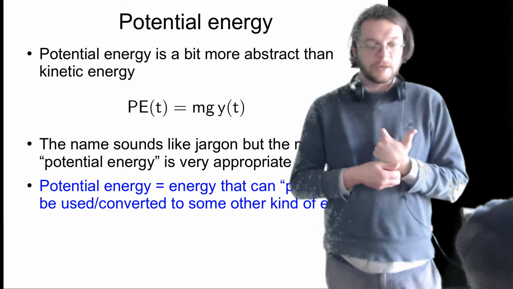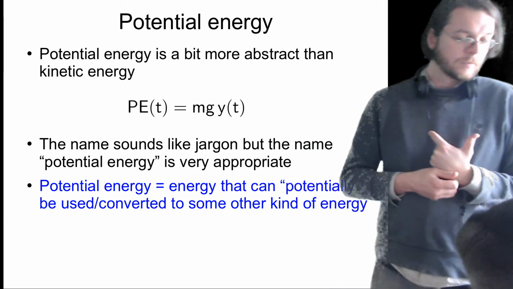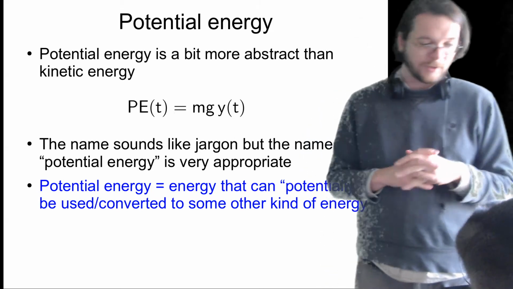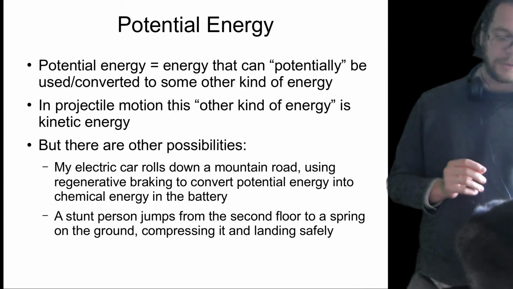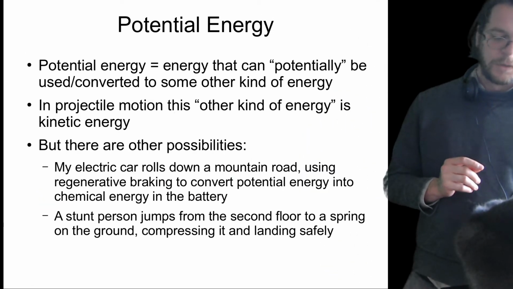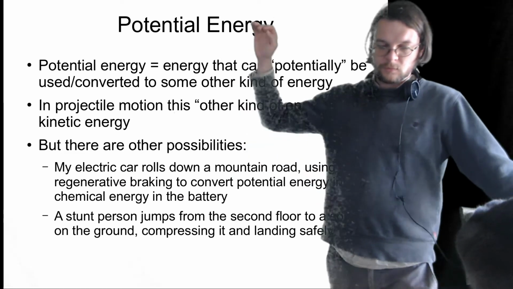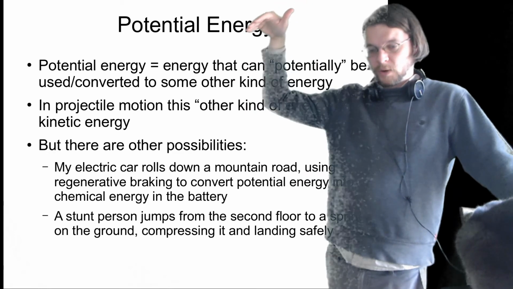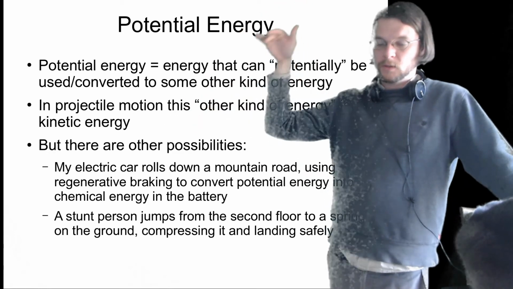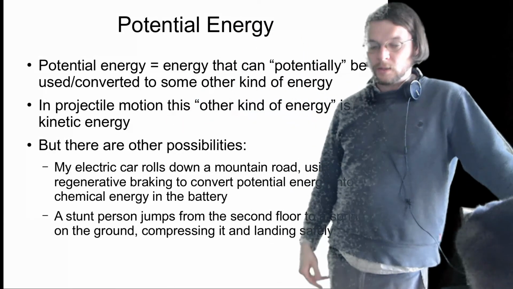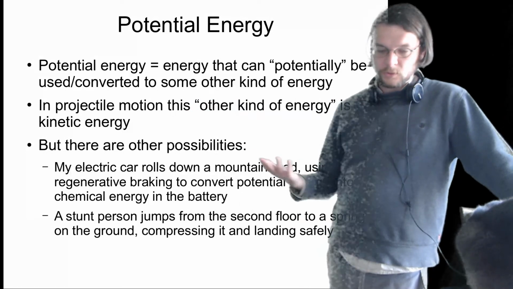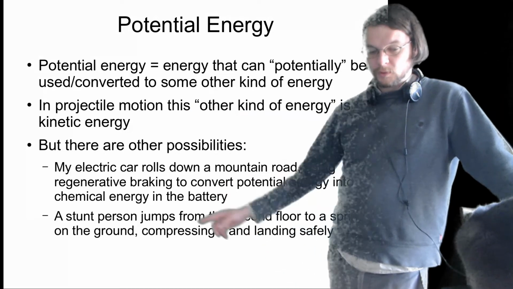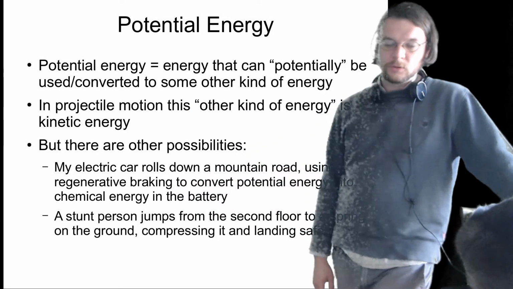So the phrase potential energy is actually not the most jargony, specialized term I've ever heard. Plenty of other good examples of that. For example, my electric car, I have a Nissan Leaf. The braking system has a capacity to convert the kinetic energy into electrical energy, and then that electrical energy can be stored in the battery, ultimately in terms of chemical energy.